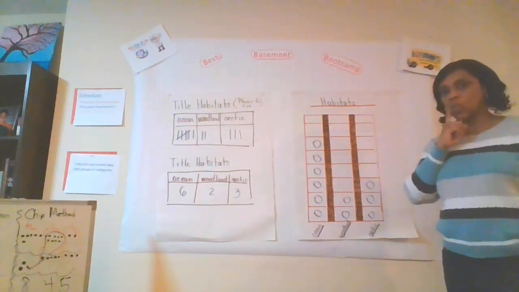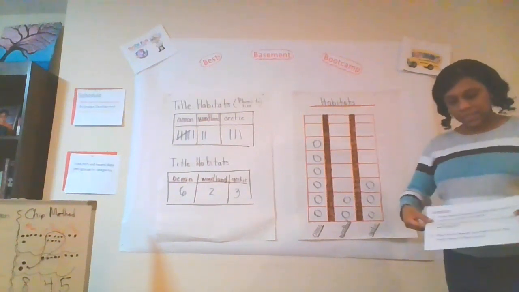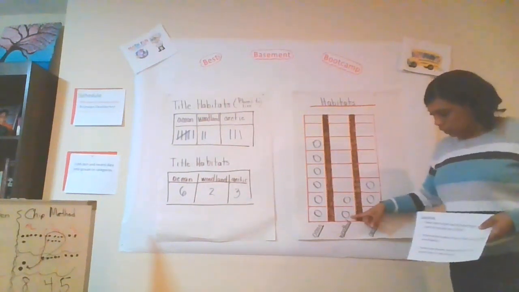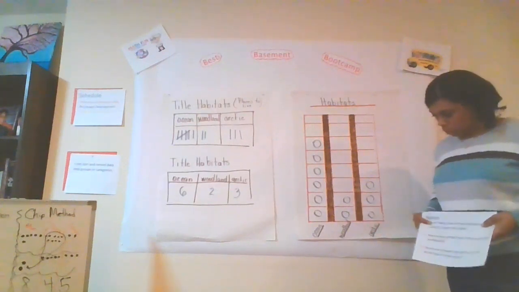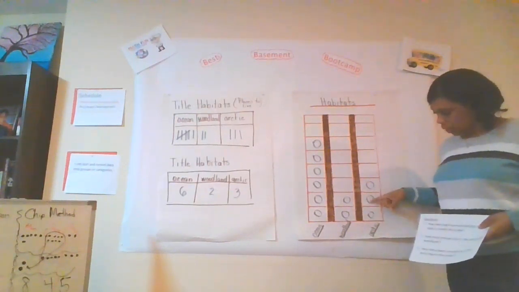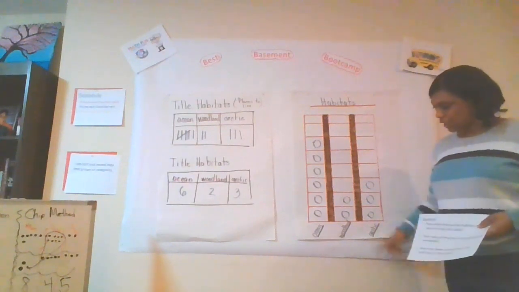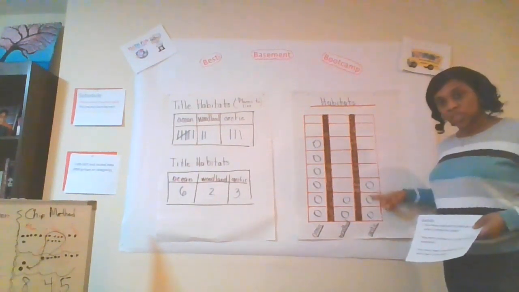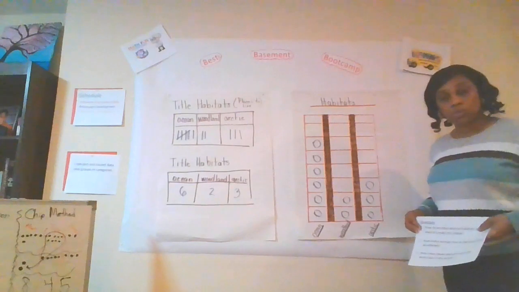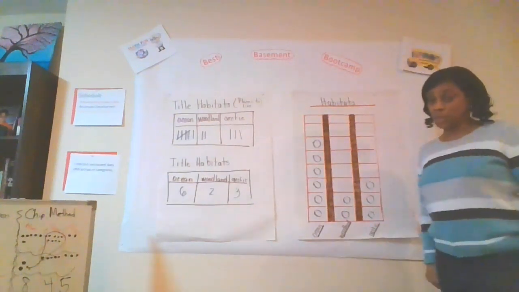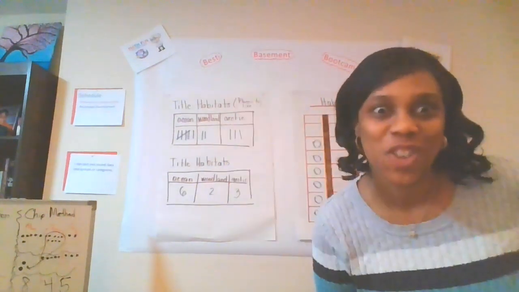How many live in woodlands and in the Arctic? Let's count our woodlands. 1, 2. Let's count our Arctic. 3, 4, 5. So when I take this 2 and put it with this 3, I end up with a total of, if you said 5, you're right.